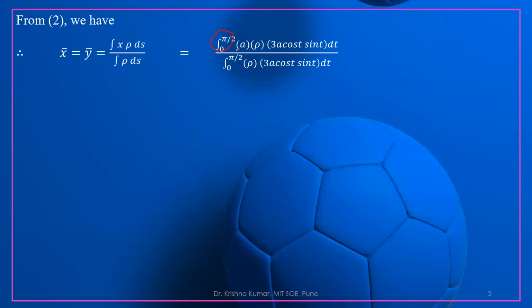What is the value of x? x is equal to a cos cube t. Here rho is rho, and 3a cos t sin t dt is the value of ds. The same thing is over here in the denominator, rho and ds.